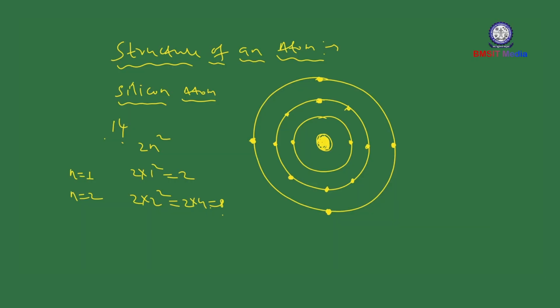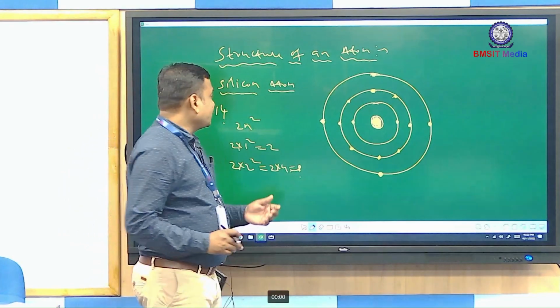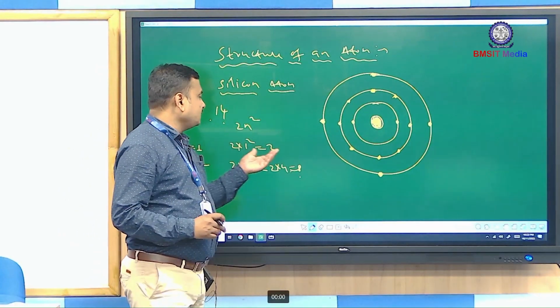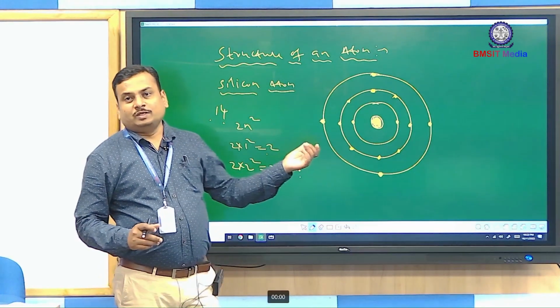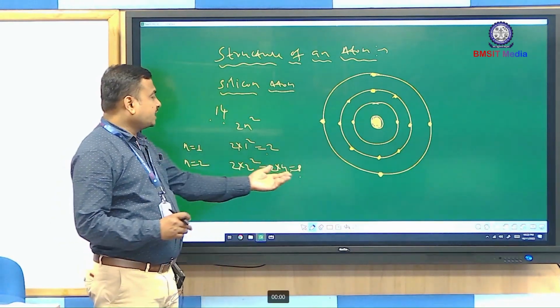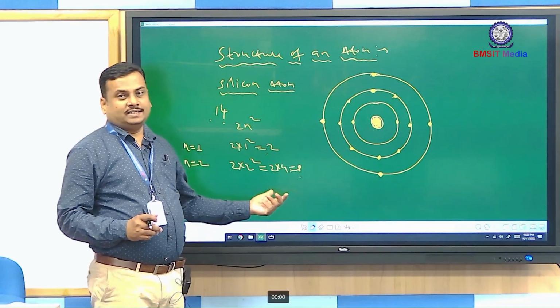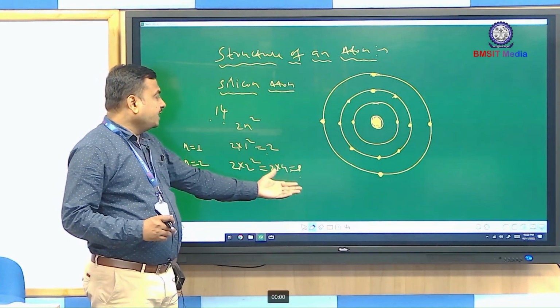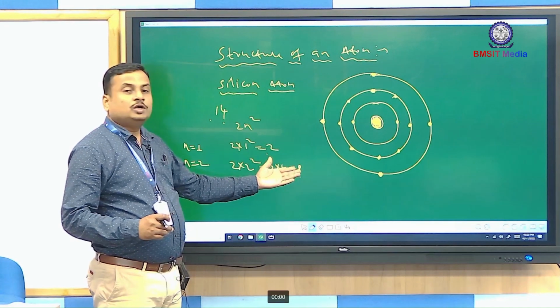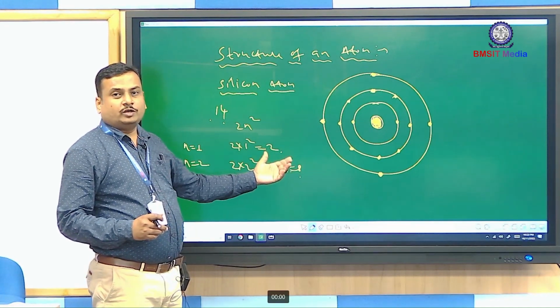Similarly, you can take the example of germanium also. In germanium the atomic number is 32. So you can calculate that. When n is equal to 1, in the first orbit you will be having 2. When n is equal to 2, in the second orbit you will be having 8. When n is equal to 3, you will be getting 18. So 18 plus 2 plus 8 will be 28.